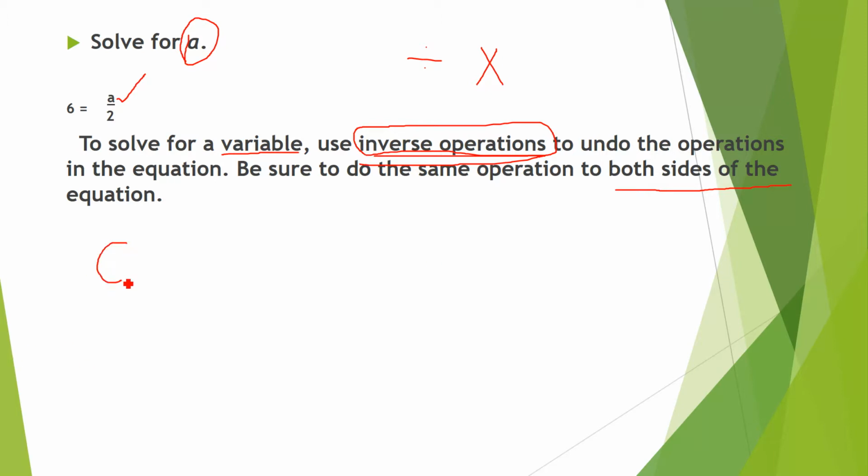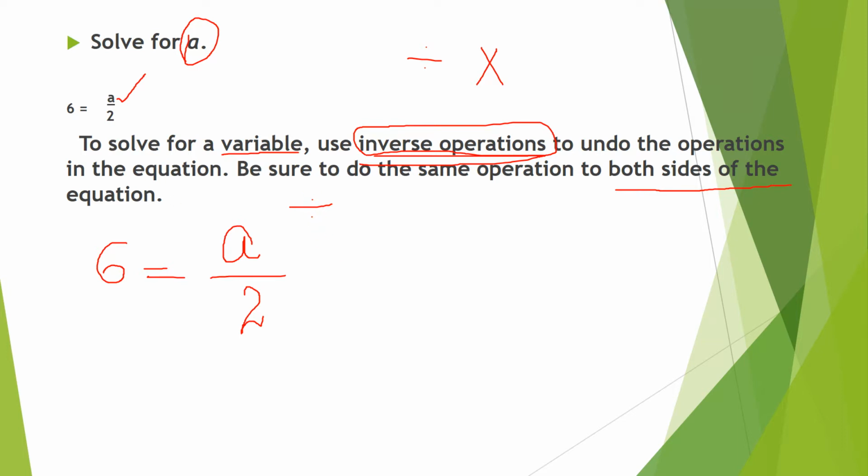I'm going to solve this question. This is 6 is equal to A divided by 2, and this line represents division. This is the division sign, right?